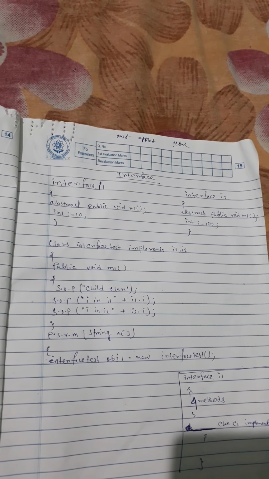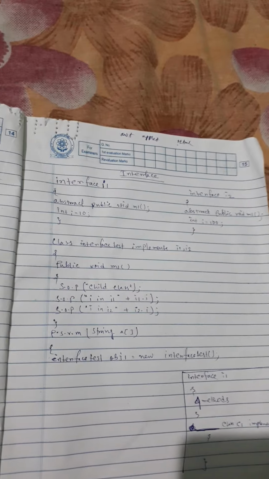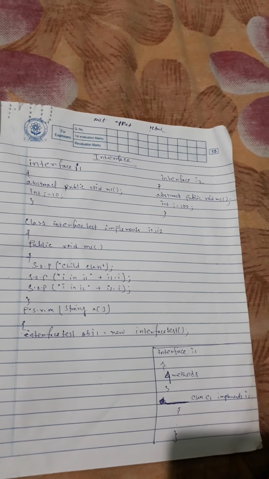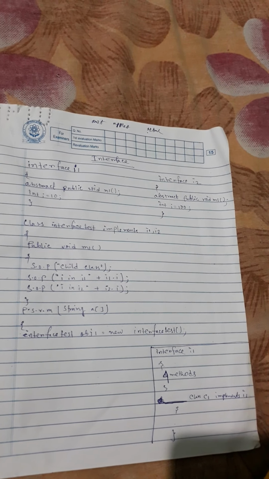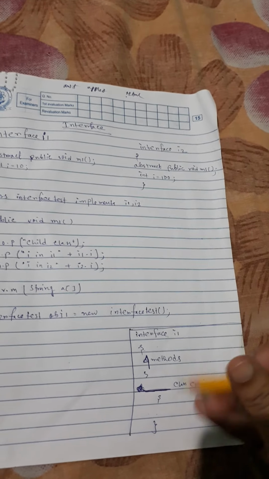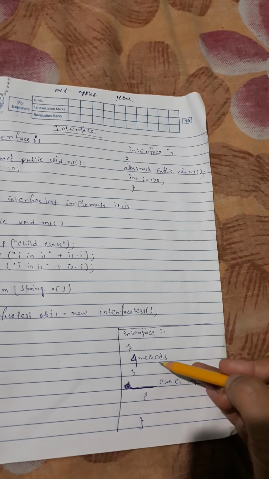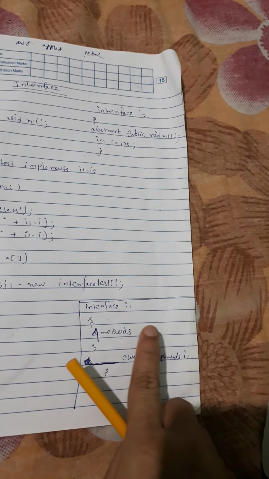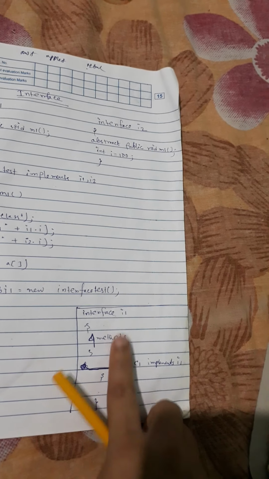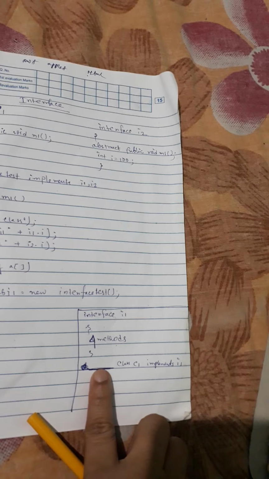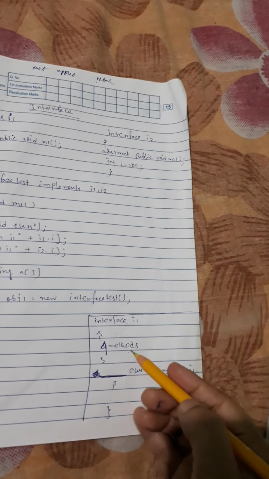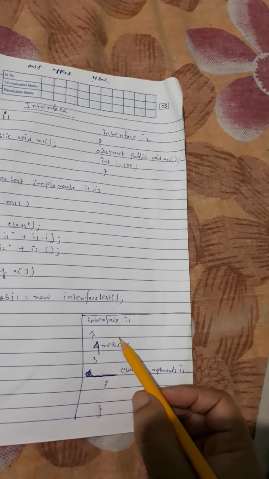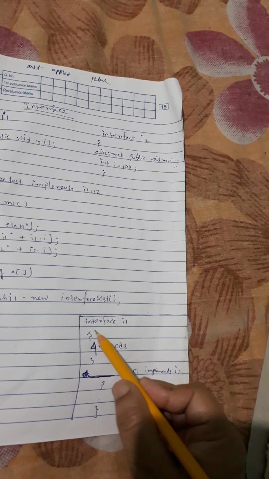One important note I want to discuss: unless the class that implements the interface is abstract, all the methods of the interface need to be defined in the class. Suppose within the interface four abstract methods are there, but one class implements the interface without using the abstract keyword, then the child class has to override the four methods which are written in the interface.